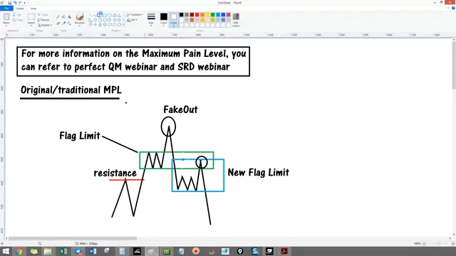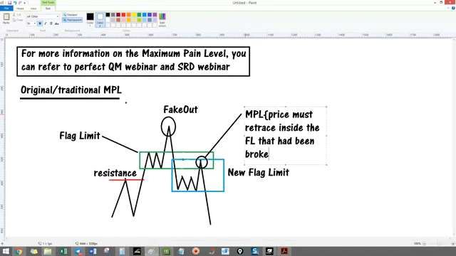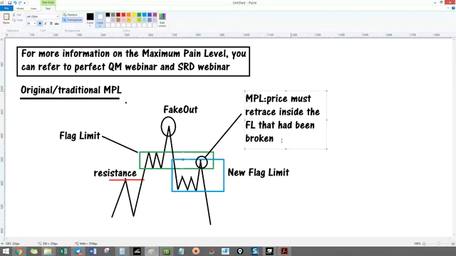This tiny thing is the MPL. Price must retrace inside the FL that had been broken to be an MPL.